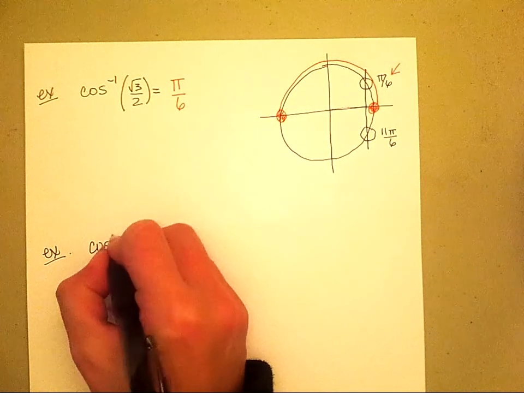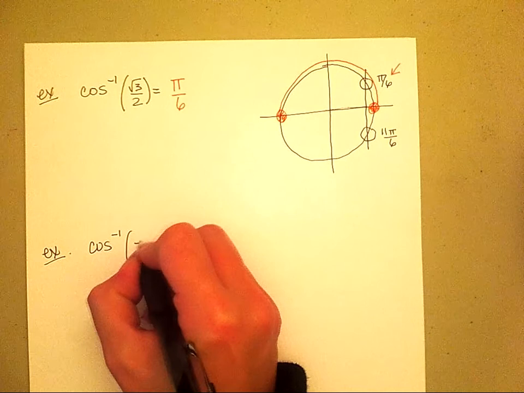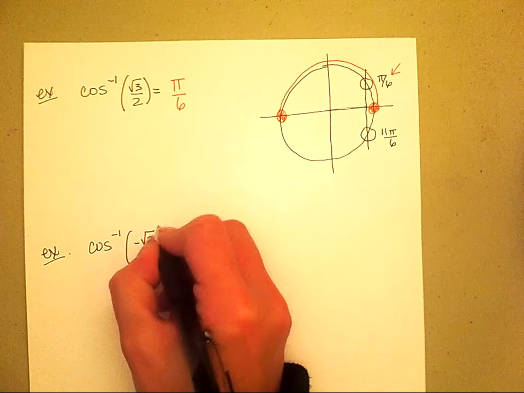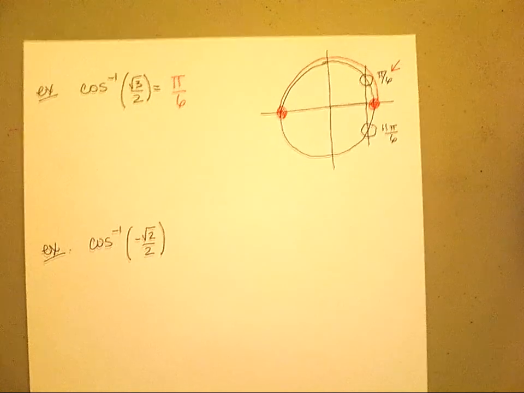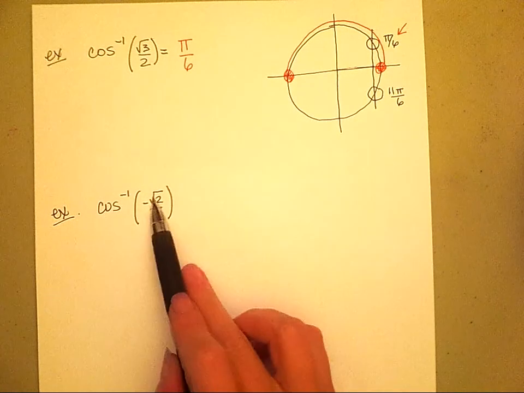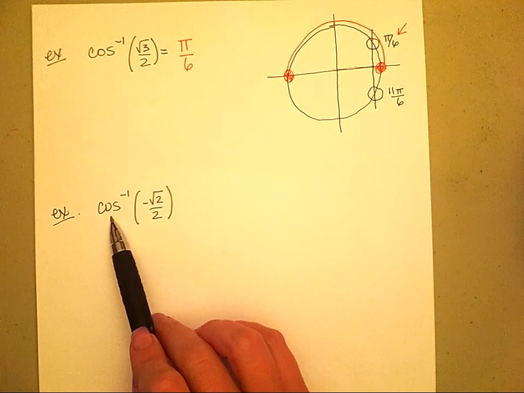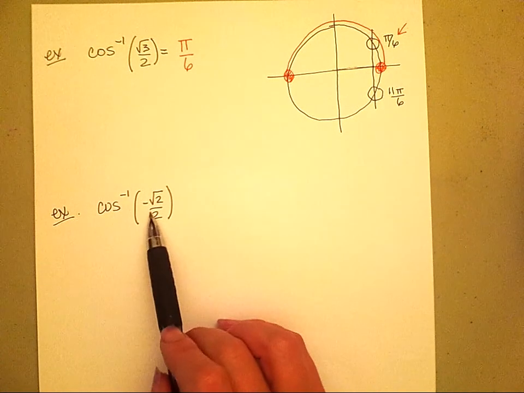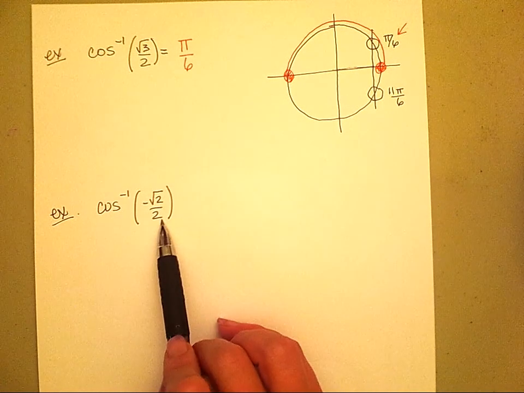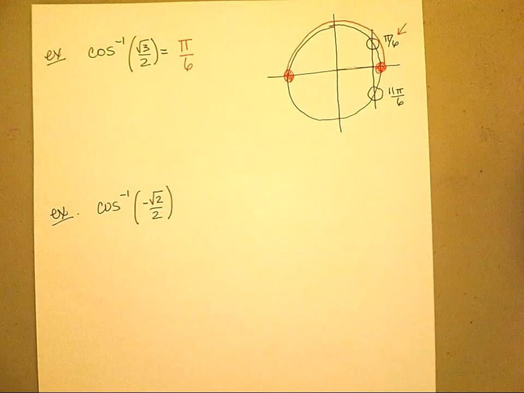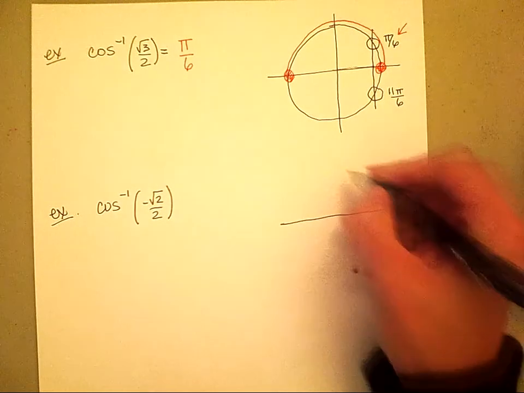Here's another. Let's look at the inverse cosine of negative root 2 over 2. This is really saying, tell me the angle whose cosine is negative root 2 over 2.